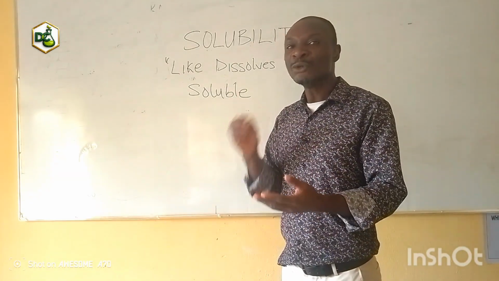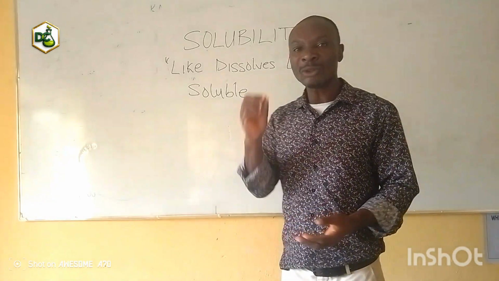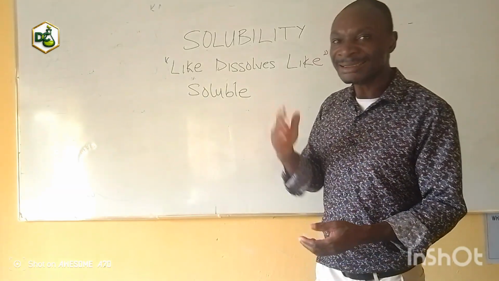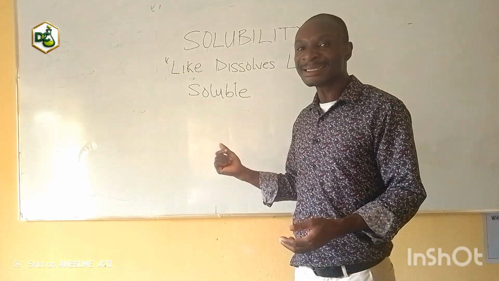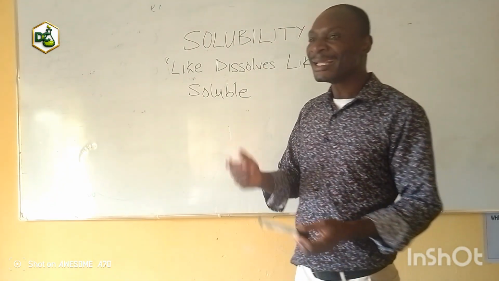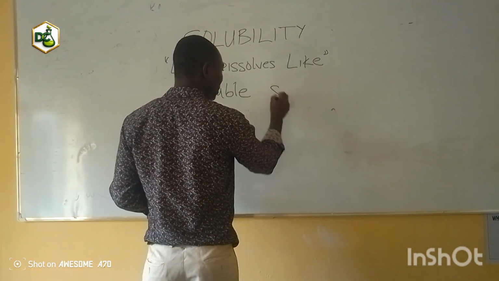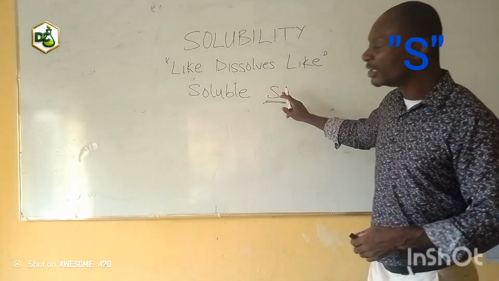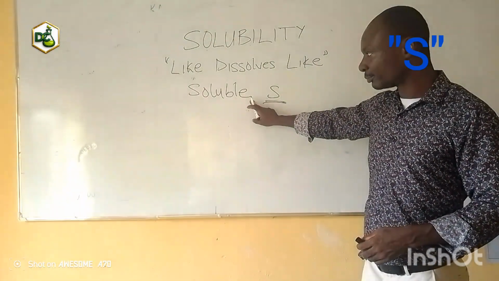You are not seeing any particle of the solute, which was solid, added to the solvent. Then we say in that condition, that solid is soluble in that solvent. So you report with a capital letter S. So this can be used to note if it is soluble.